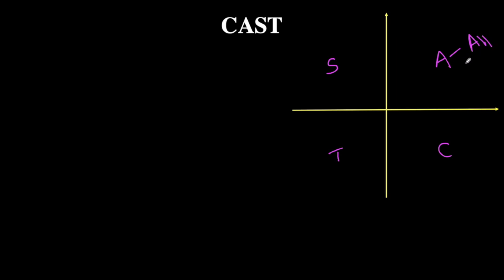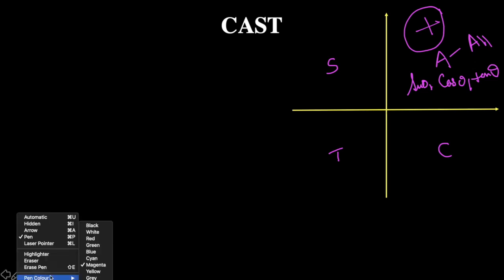Here all means all the trigonometric ratios like sine theta, cos theta, tan theta, anything. Let's write sine theta, cos theta, tan theta are positive in this quadrant. So even if I'm writing only three of them, all of them will become positive here.